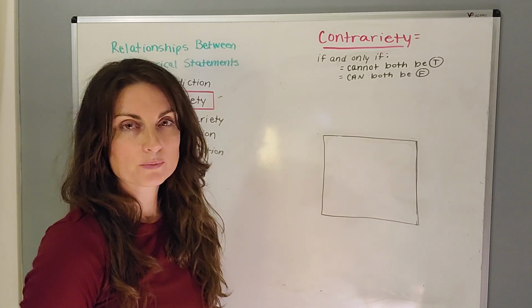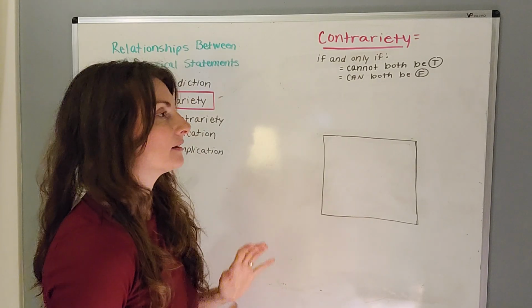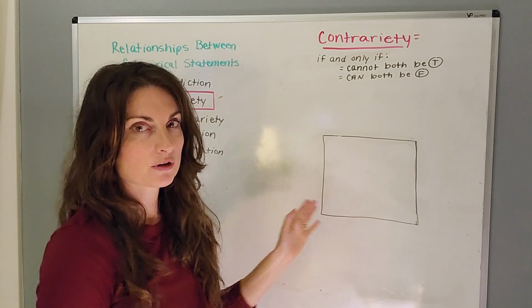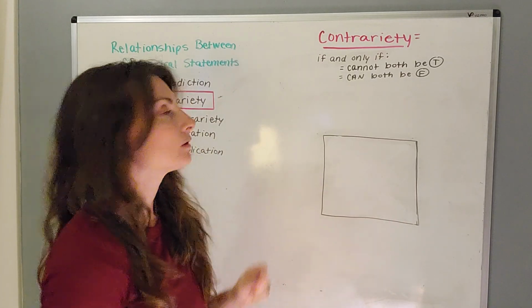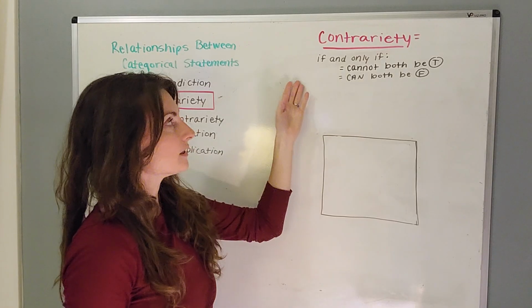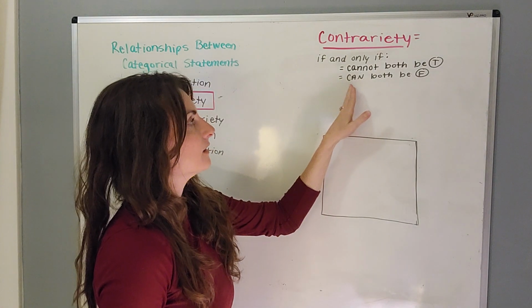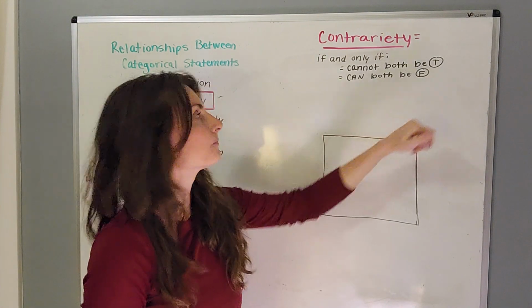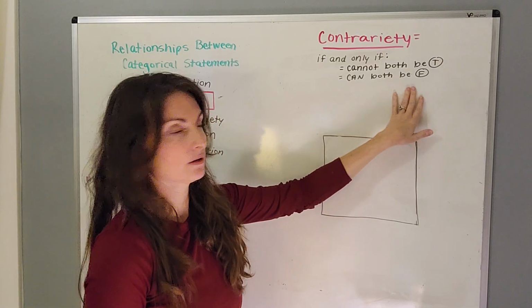Just to recap, contradiction is when they have opposite truth values. They cannot both be true, and they cannot both be false. And we'll look at which statements those are as we fill in the square of opposition. But today, we're looking at contrariety. So contrariety is if and only if they cannot both be true and they can both be false.